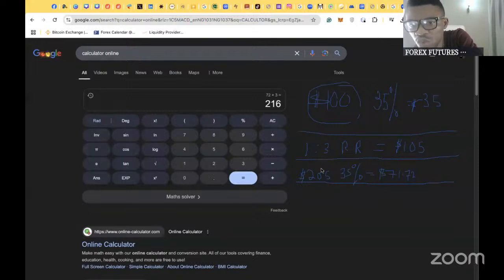When we add it to the capital we already have, it will give us a new balance. 216 plus 205 is 421.